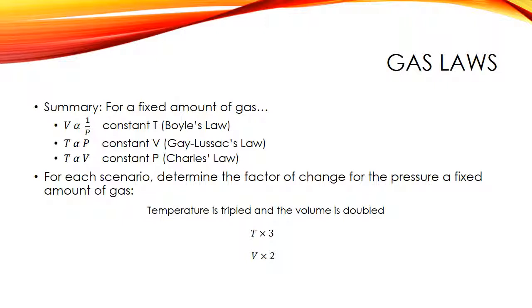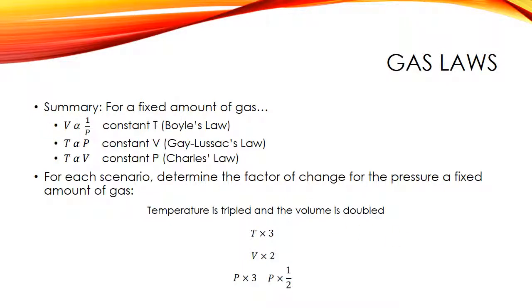If we were to multiply our temperature by 3, what would happen to the pressure? Well, if you think about temperature and pressure, those are directly proportional. So if we multiply the temperature by 3, the pressure should also be multiplied by 3. Now let's consider the volume change. If we multiply the volume by 2, knowing that volume and pressure are inversely proportional, our pressure would be 1/2 of what it was.